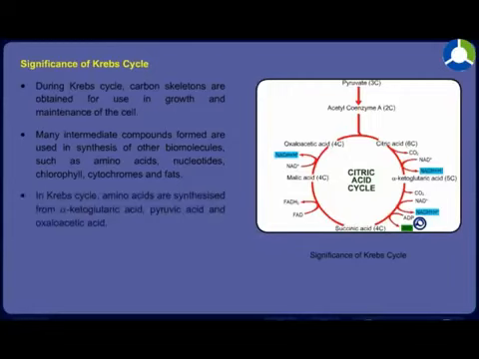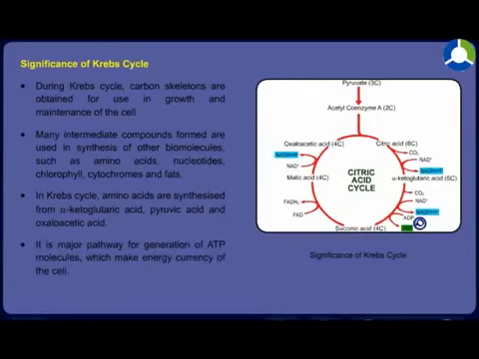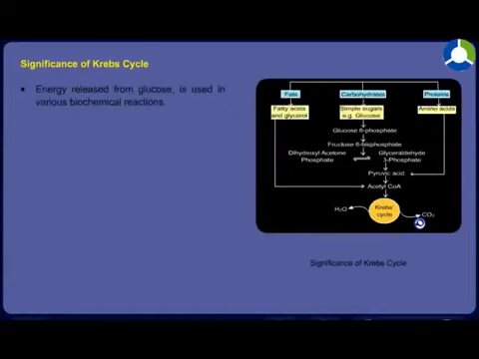In the Krebs cycle, amino acids are synthesized from alpha-ketoglutaric acid, pyruvic acid, and oxaloacetic acid. It is the major pathway for generation of ATP molecules, which make up the energy currency of the cell. Energy released from glucose is used in various biochemical reactions.